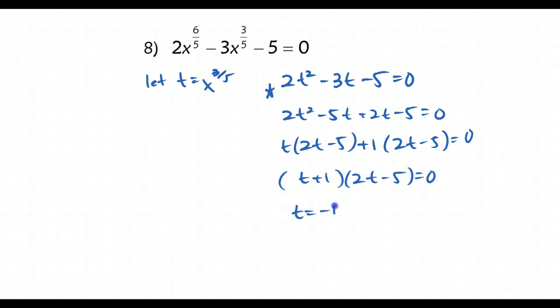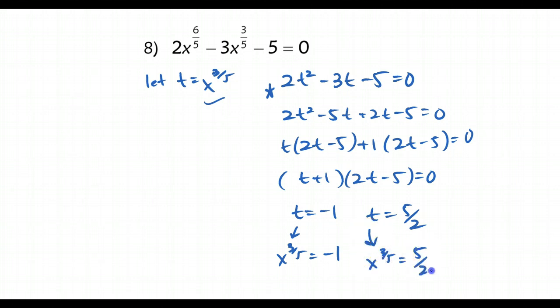And I solve and I get t equals -1 and t equals 5/2. Okay, now I'm going to substitute back in x to the 3/5 here. So I have x to the 3/5 equals -1, right? I'm just substituting back in x to the 3/5 for t. So x to the 3/5 now equals 5/2.